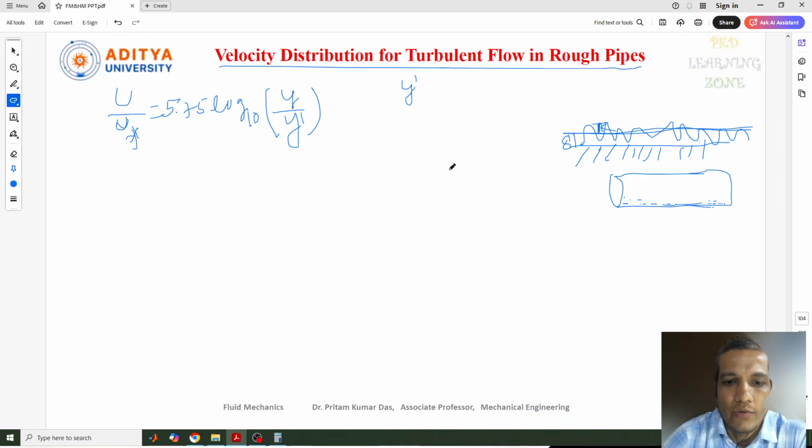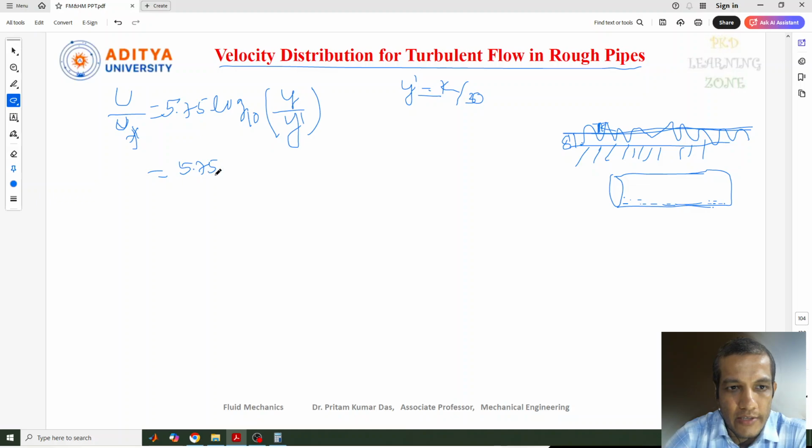So y dash for the pipe coated with uniform sand, for that condition, the value of y dash you got is k by 30. This is the value. Now what we'll do, just put this value in this equation, that's it.